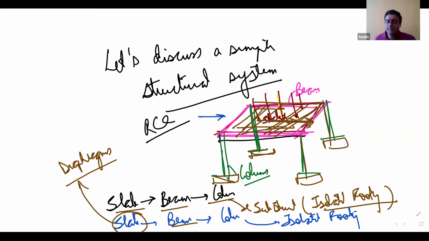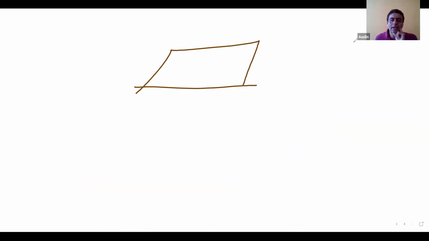Very easy. Okay. Now suppose I had a slab and I did not want beams. So slab I have to have because I have to come up with a floor, but I did not want beams.